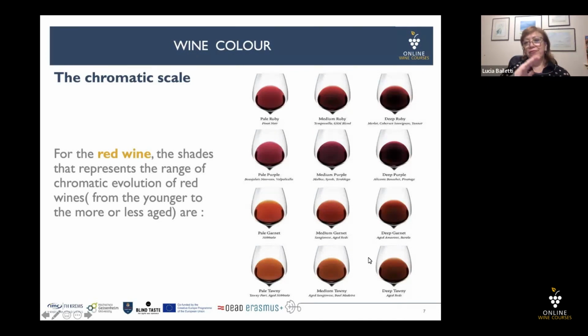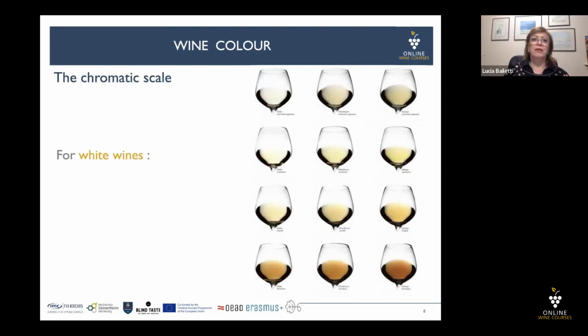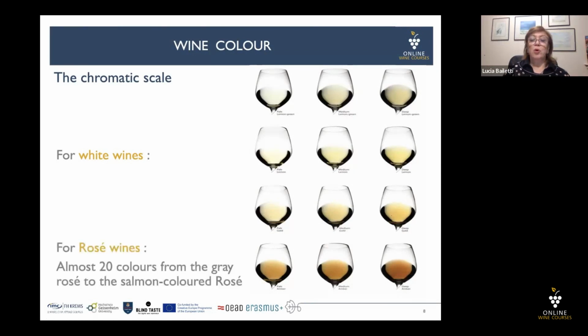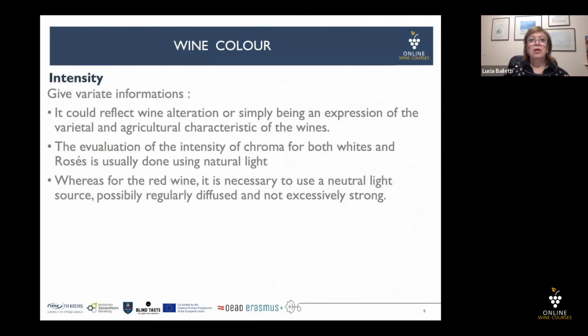So we have different types of red color. The chromatic scale for white wines is similar, going from lemon green to a deep amber. For rosé wines, there are almost 20 colors, from gray rosé to salmon-colored rosé.